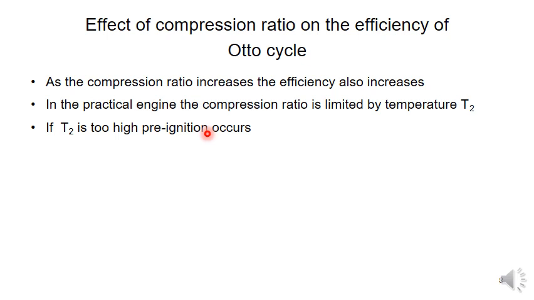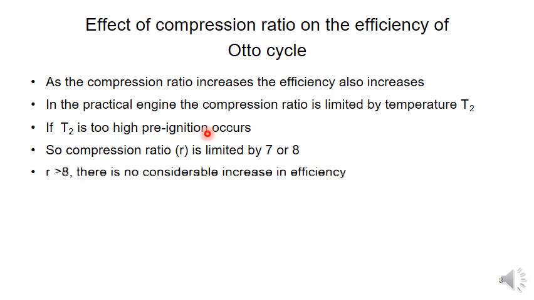Therefore the compression ratio is limited to 7 or 8. The figure shows that efficiency increases with compression ratio, and if R is greater than 8, there is no considerable increase of efficiency. So I will tell how the efficiency varies if you take 3, 4, 5, 6, 7, 8, 10, and how the thermal efficiency will be.